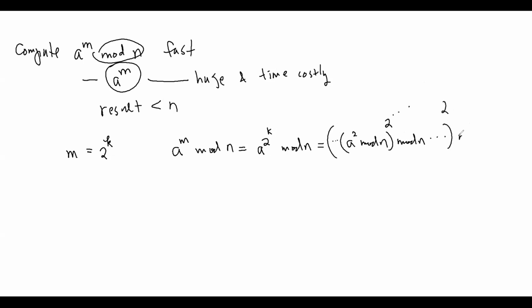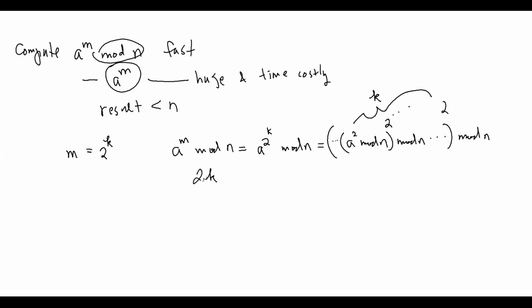So you do k squarings, which means you only incur k multiplications, because each squaring is a multiplication of numbers less than n, and then you take the modular operation.